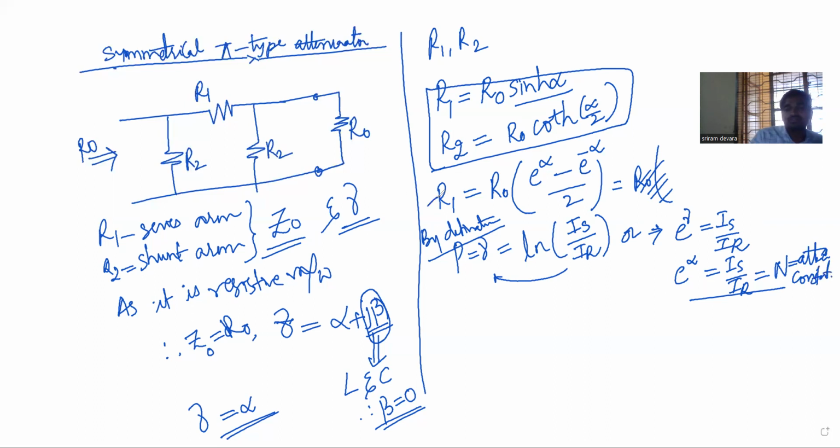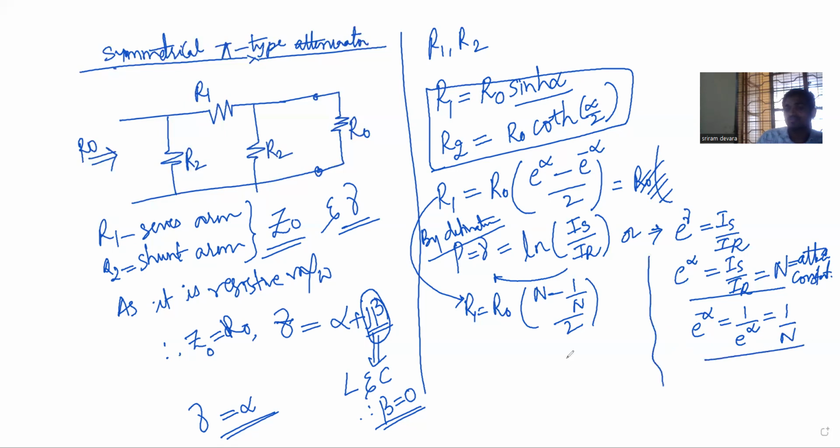So R1 is equal to R0 into (e power alpha, which can be written as N, minus e power minus alpha, which can be written as 1 by N) by 2. Therefore e power minus alpha is 1 by e power alpha, which is 1 by N. So R1 is equal to R0 into, if I take the LCM, (N square minus 1) divided by 2N.